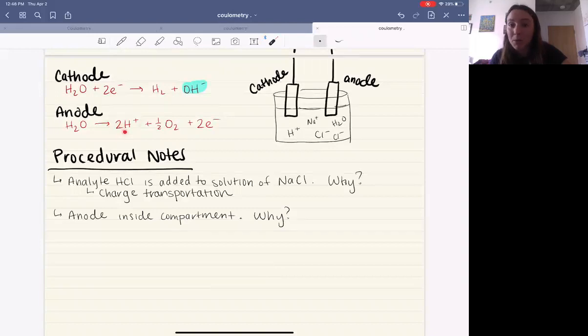And that would be a problem. If you had your anode directly in the solution, you would be adding more H+ to the analyte solution, but we only want to know how much is in the original solution. We don't want to be adding more and disturbing our results. So that's why we need to separate it off, make sure that any H+ that's generated from the anode stays separate.